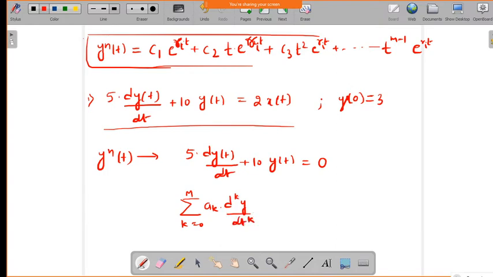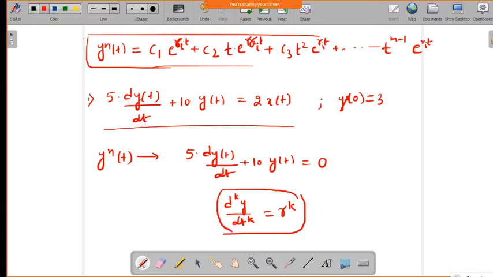Now we represent that k in terms of r. So d power k by dt power k is nothing but r power k. Replace this and you will get the characteristic equation in terms of r.